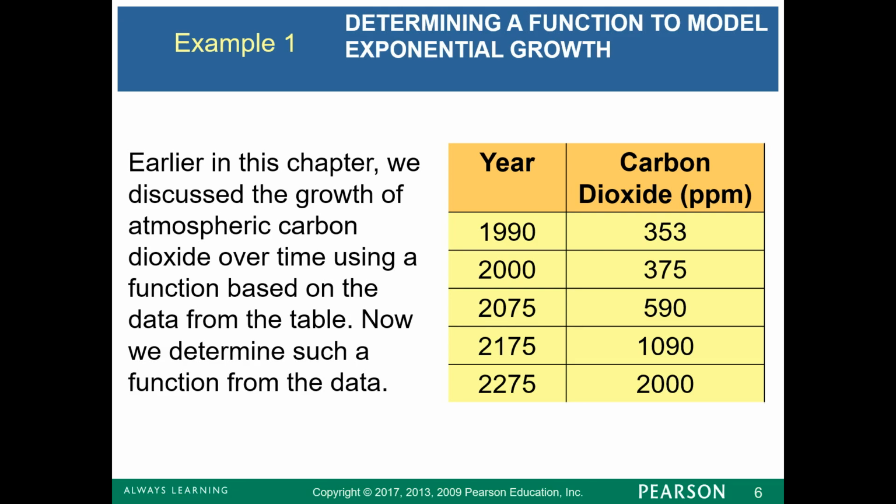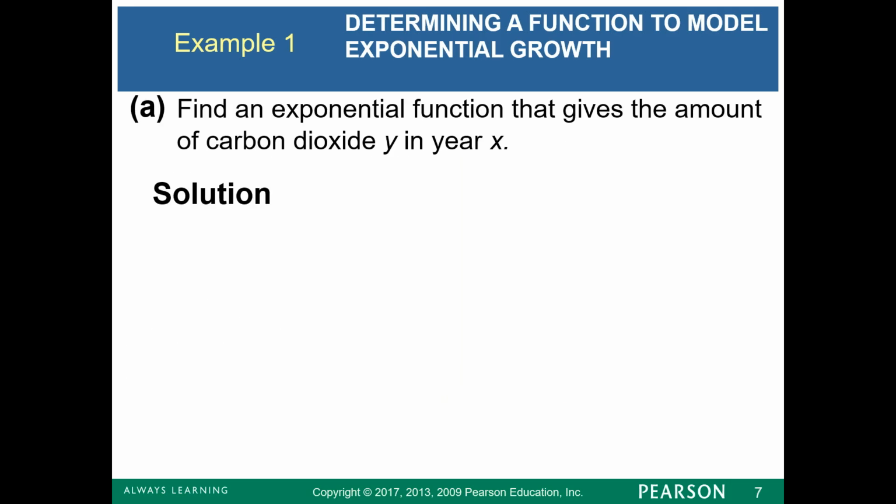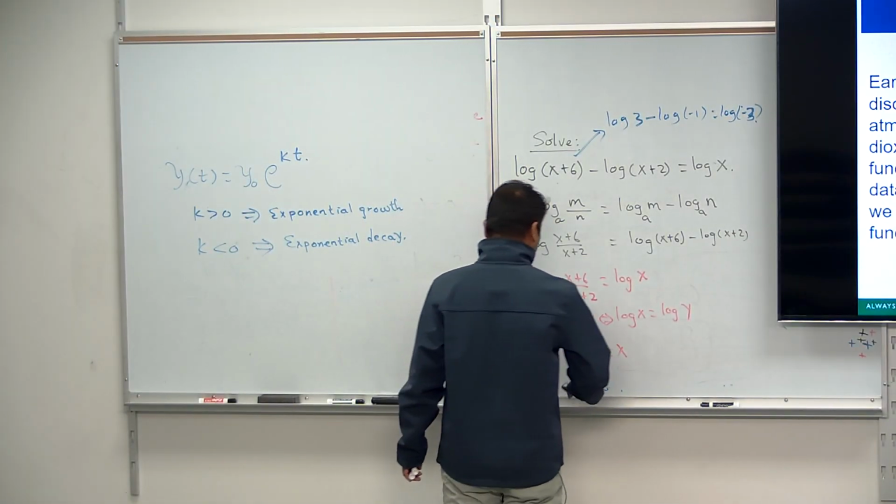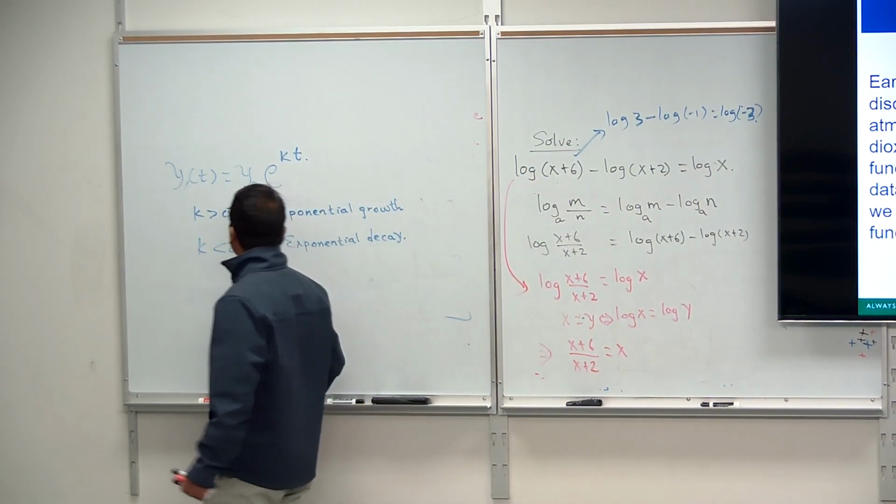Use the model. If you look at this model, y(t) equal to y sub 0 e to the power kt. The question is you have to find the exponential model for this function, an exponential function that gives the amount of carbon dioxide y in year x. So go to the table and use this model, guys.